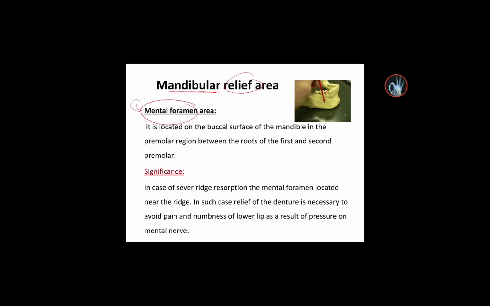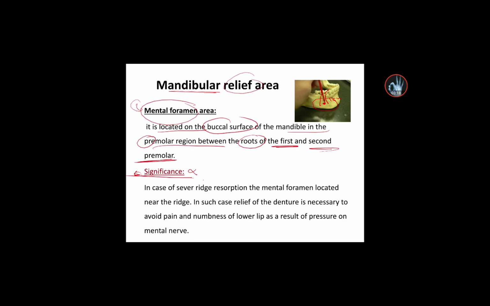So this is the first premolar, second premolar, this is the root, and this is the mental foramen, 1 centimeter away, located on the buccal surface. So this is the buccal surface of the mandible, on the premolar region between the roots of the first and the second premolar, as we said.